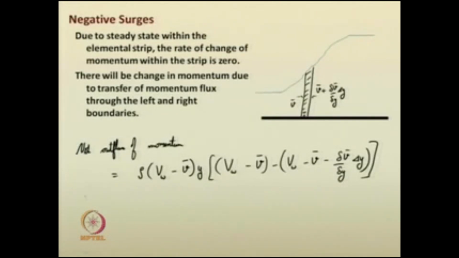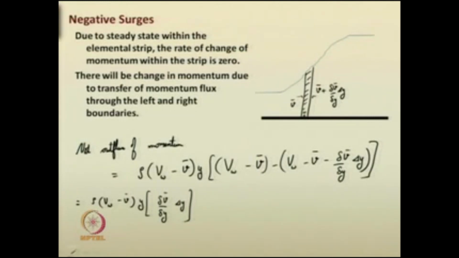So, you will get rho (Vw minus V bar) into y into del V bar by del y into delta y. Like this you will get, Vw minus V bar is getting cancelled off, isn't it? So, that I have simplified here.